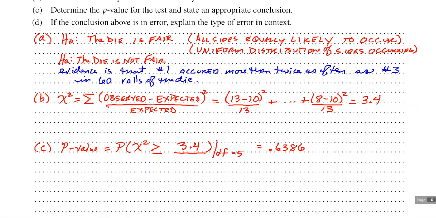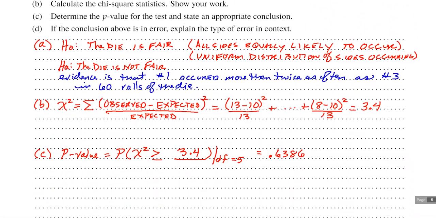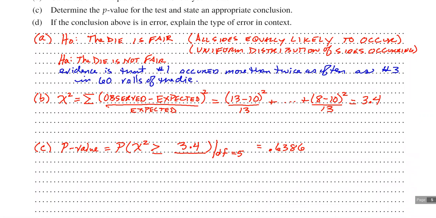So in other words, what we've got is a 63% probability, assuming that all sides are equally likely to occur. Assuming that null hypothesis is true, about 63% of the time we'd get a distribution like our observed values or more away from a fair distribution.